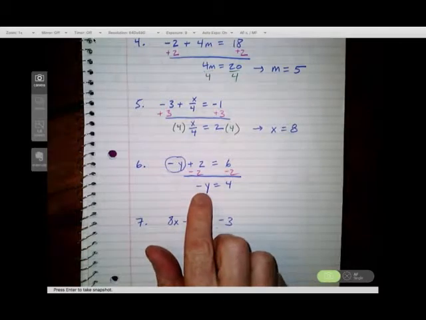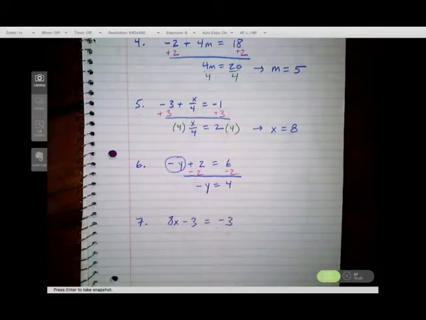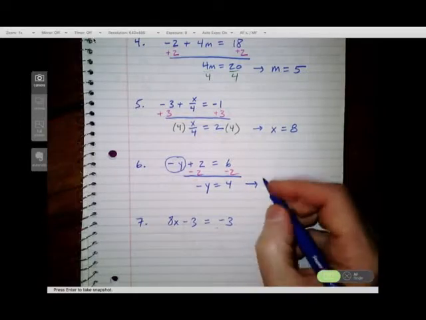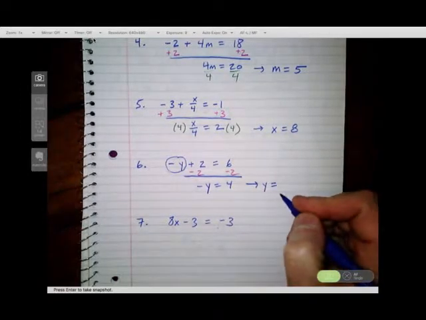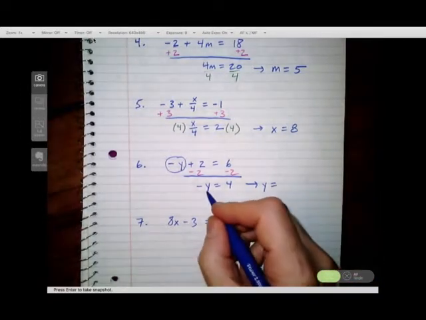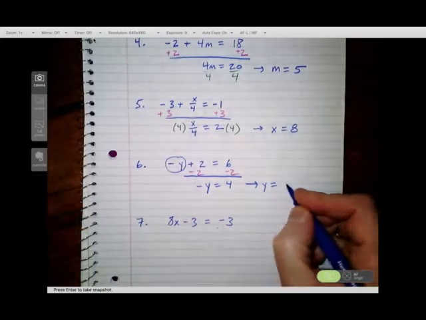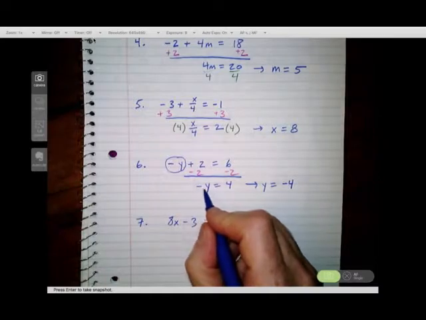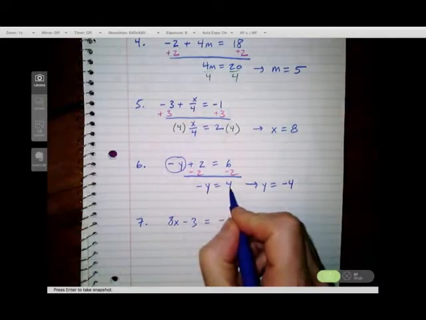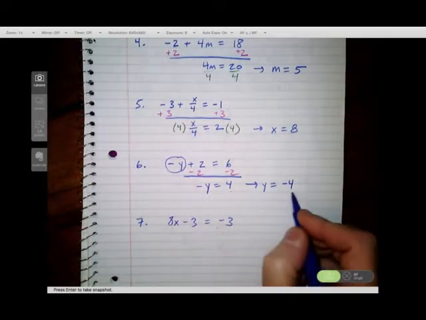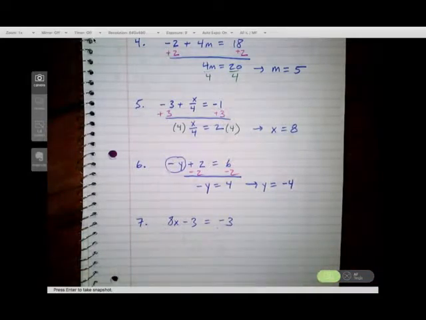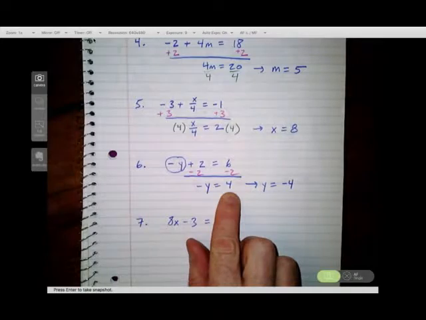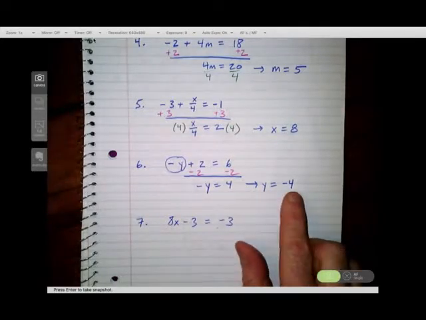Well, hopefully you realize that negative y is positive 4, so positive y has to be negative 4. Another way to think about this is saying the opposite of y is positive 4. Well, what's the opposite of positive 4? Well, negative 4. Again, the way I like to think about it, if negative y is positive 4, that means positive y has to equal negative 4.